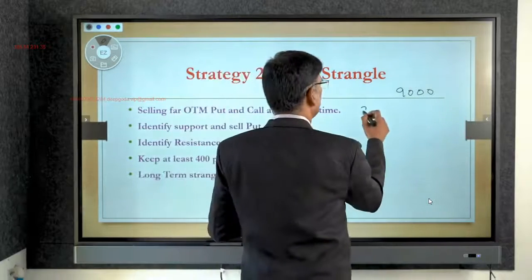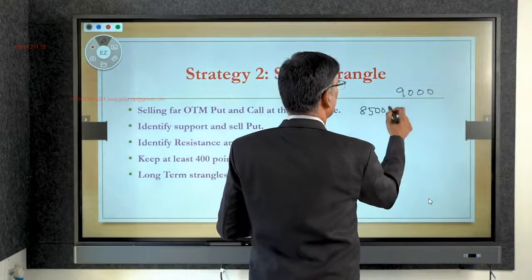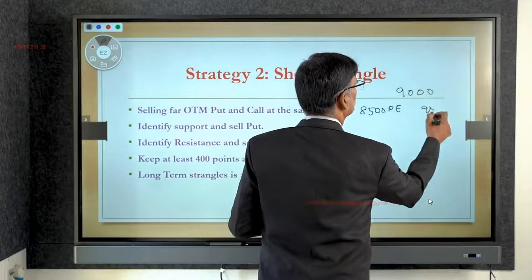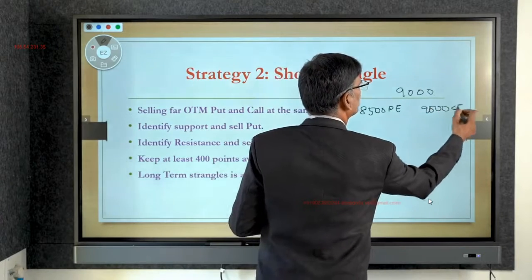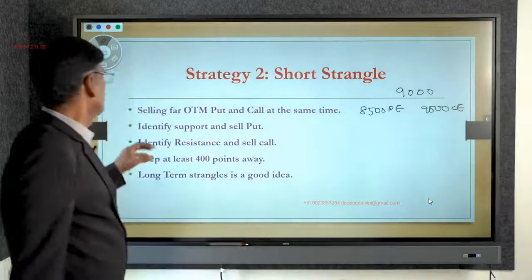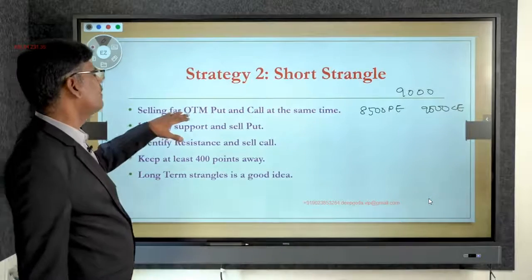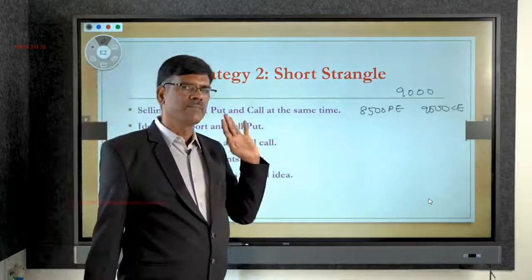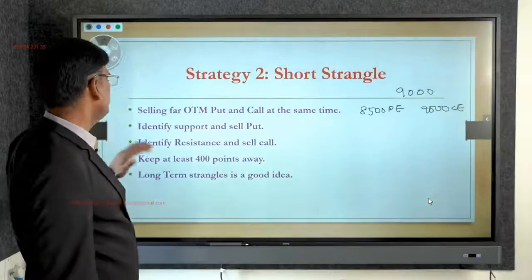So let us say 8,500 put option and 9,500 call option. So this is an example, right? So selling out of the money put option and call option at the same time. That is called short strangle.